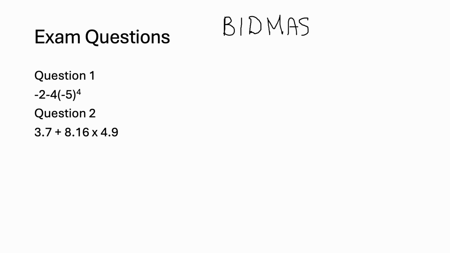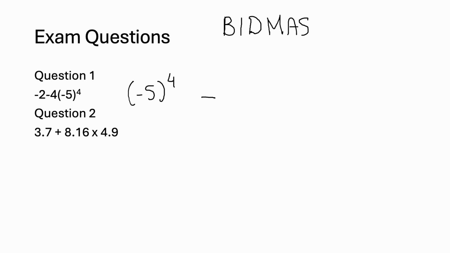So brackets is -5, and then indices, we have an index here, which is 4. So we need to find out what -5 to the power of 4 is. -5 to the power of 4 is 625.